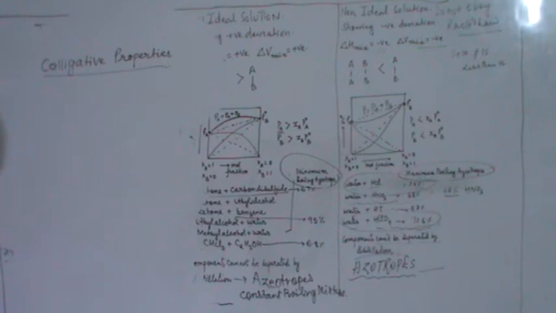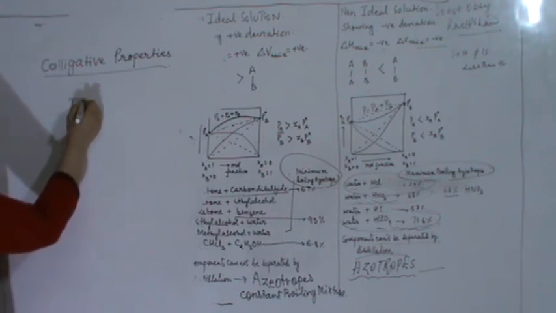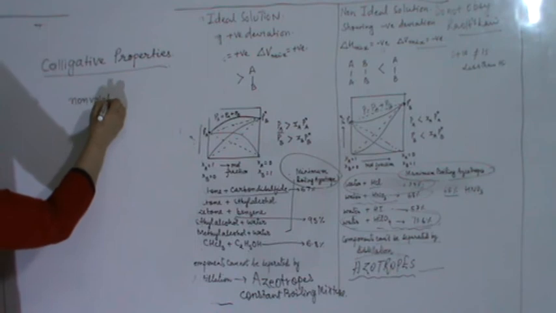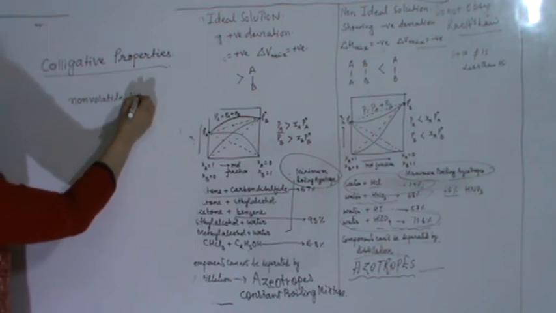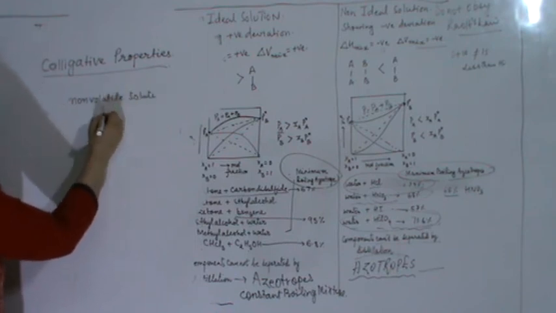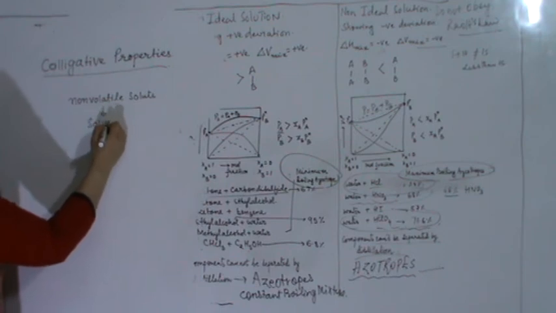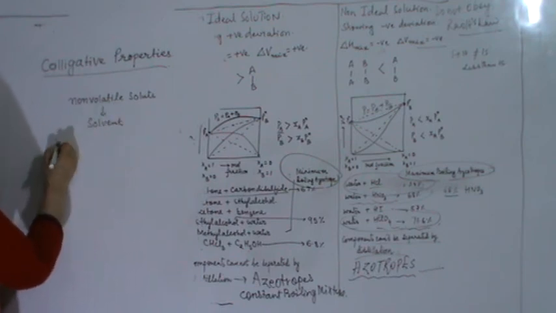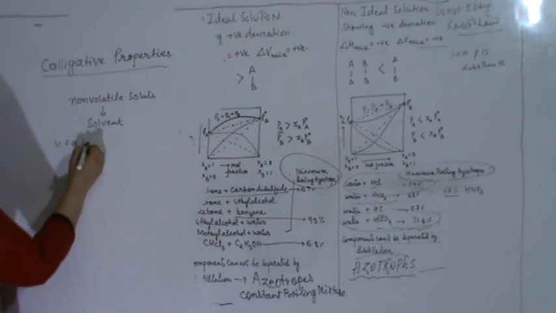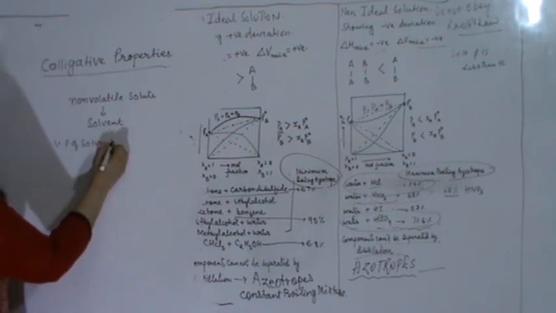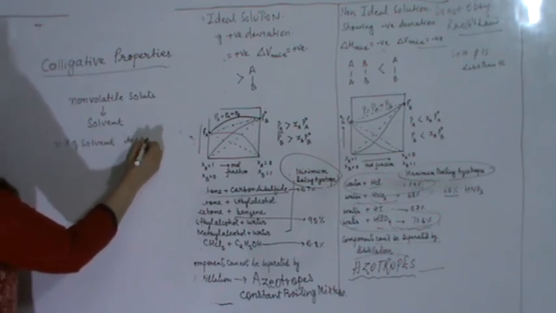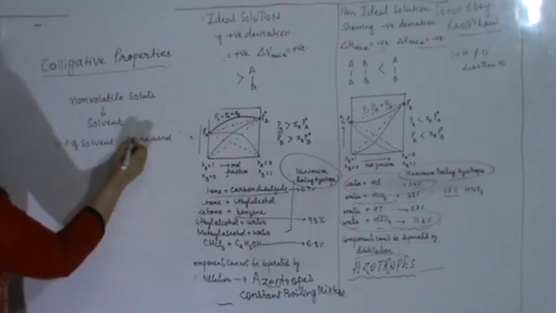If you remember, what is relative lowering in vapor pressure? What did we do in that? We simply added a non-volatile solute to solvent, and we observe that vapor pressure of solvent is decreased when it goes in the solution.